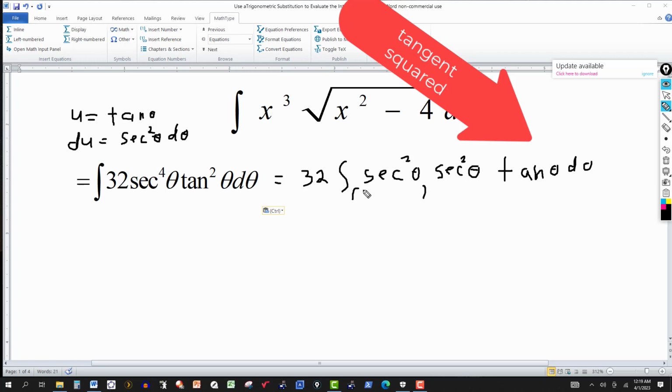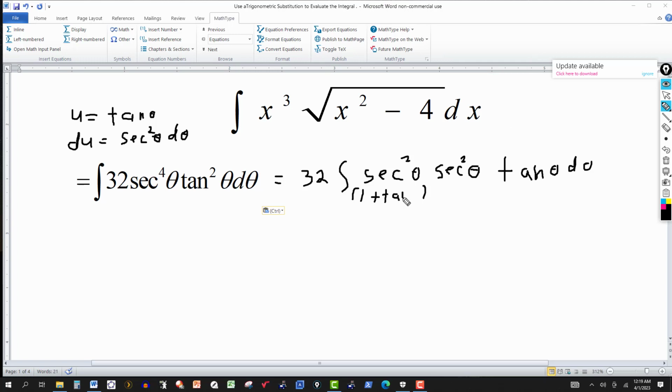Secant squared, by one of your trig identities, is 1 plus tangent squared theta. And notice here I have secant squared theta. What I'm going to do now is take this tangent theta and multiply here. The reason I let u equal tangent of theta is that we know the derivative of tangent is secant squared, so the object is to eliminate some of these terms and get it down to something we can work with.